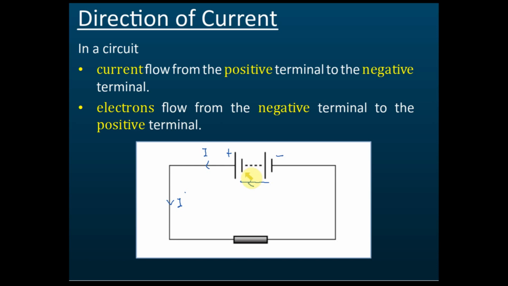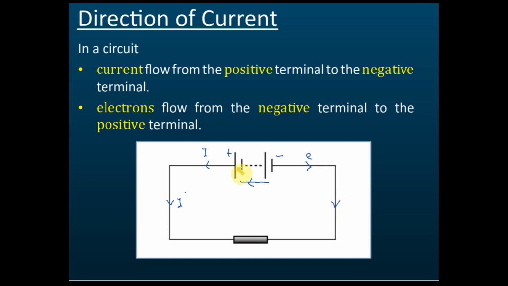Usually in physics, they will ask you about the directions of the current. But in chemistry, usually in electrochemistry, sometimes they will ask you to label the directions of the flows of the electrons. If they ask you to label the flows of the electrons, then the electrons move from the negative terminal to the positive terminal.